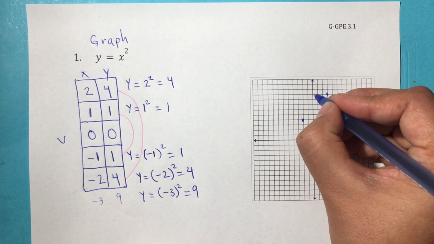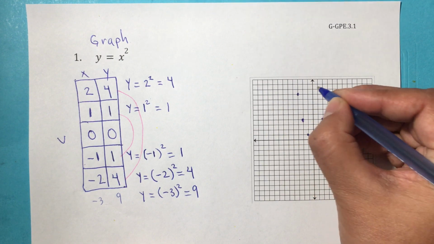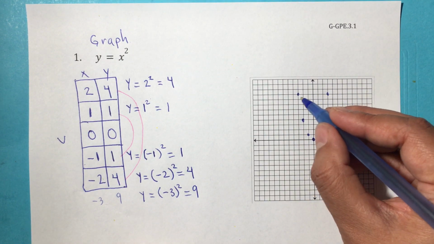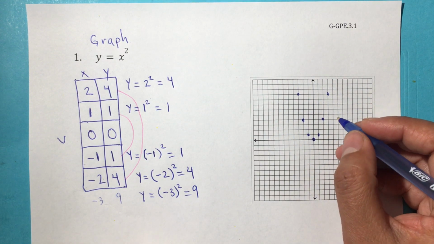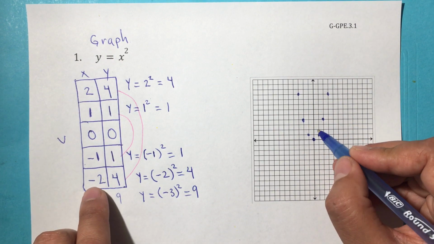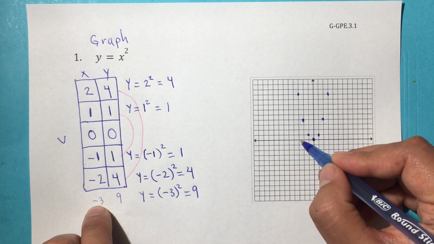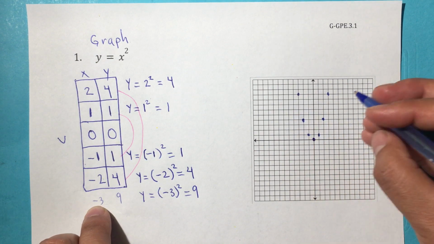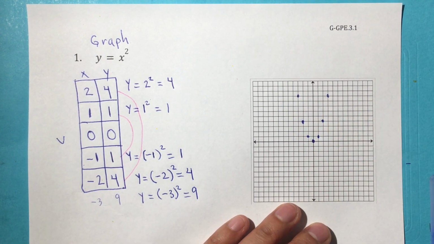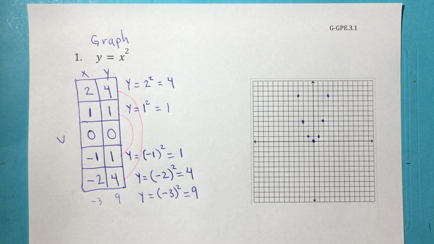This one is 3, then 3 spaces to the left, right? 3 to the right, then 3 to the left. Or you can just continue with negative 2, positive 4, negative 3, positive 9. Okay, and from there you can just draw your parabola.